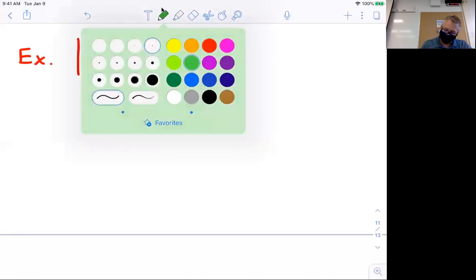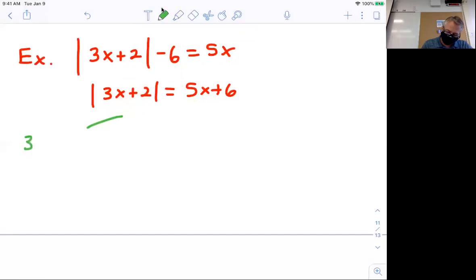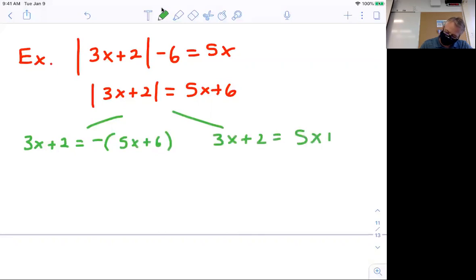So we have our two equations. 3x plus 2 could equal the opposite of 5x plus 6, or 3x plus 2 could equal the positive of 5x plus 6. Just like we did before, but it's a little different because we have variables on both sides.